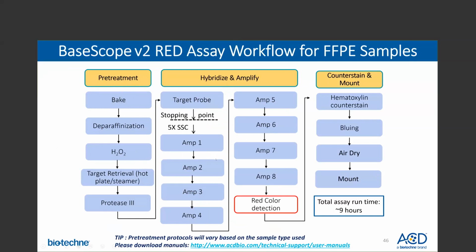Now, as you can note here, compared to the RNAscope assay, where you had only 6 amplification steps, the BaseScope red assay has 8 amplification steps, and this is just to reiterate that this is the additional amplification boost which is required to detect shorter RNA transcripts. After the amplification steps are done, you would do the red color detection, followed by counterstain and bluing, and then you mount the slides. The total assay runtime can be 9 hours or longer.